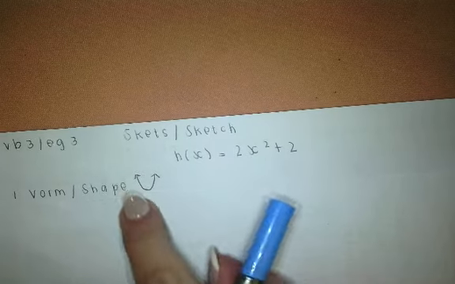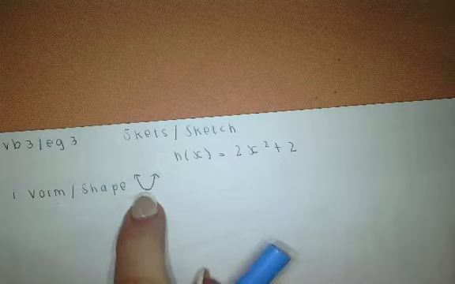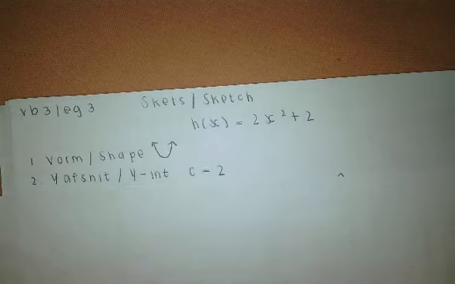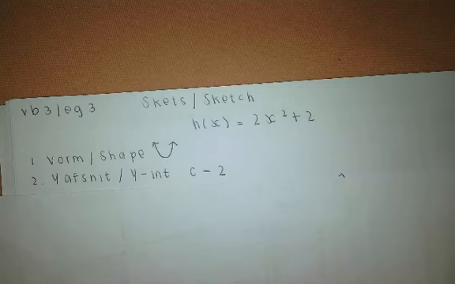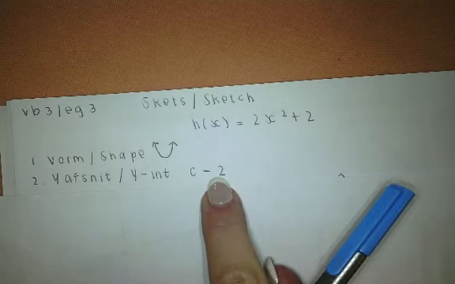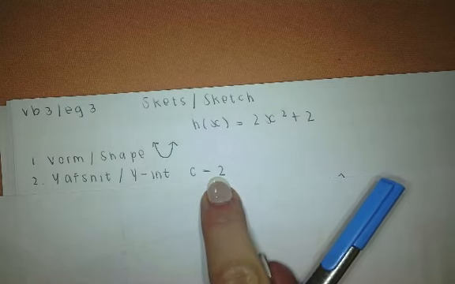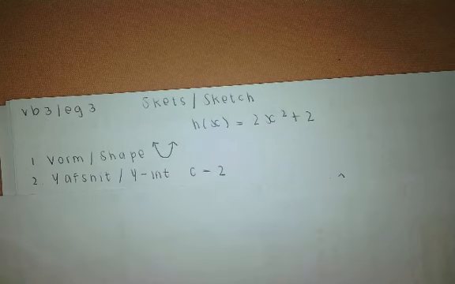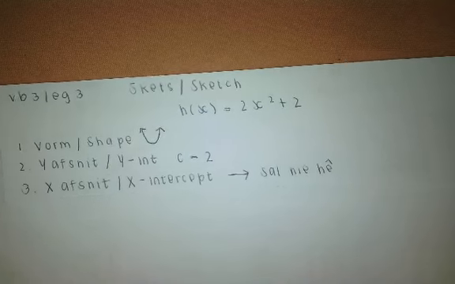Then we have the y-intercept, which is 2, we just said. We know in order to sketch, we need both x and y-intercepts. We've got the y-intercept, so all we need to do now is find the x-intercept. To find the x-intercept, we make y equal to 0.